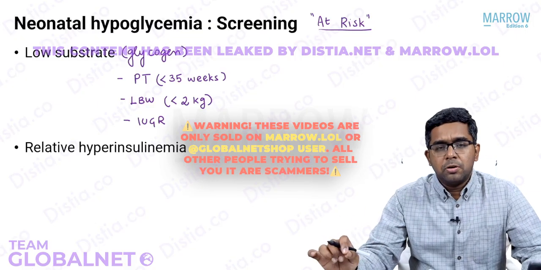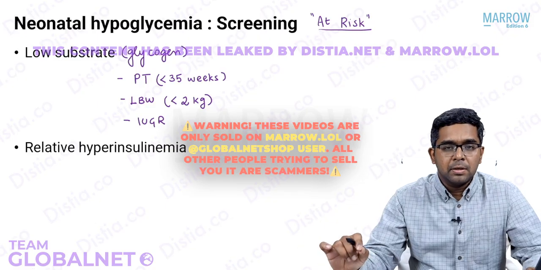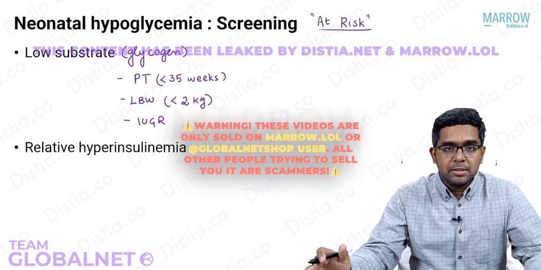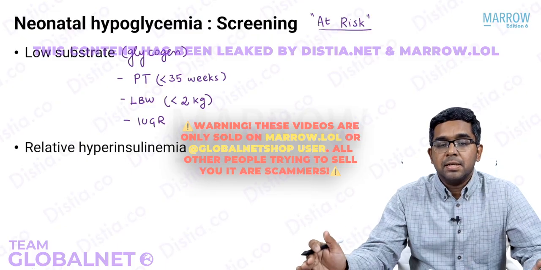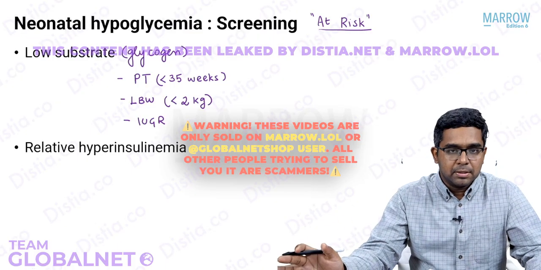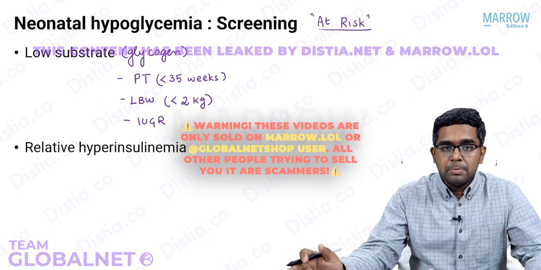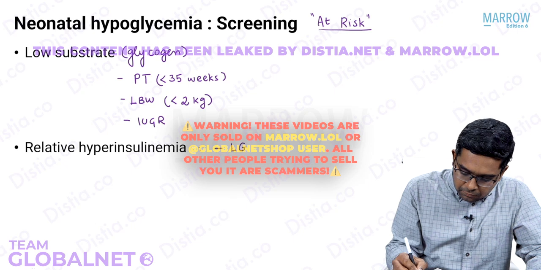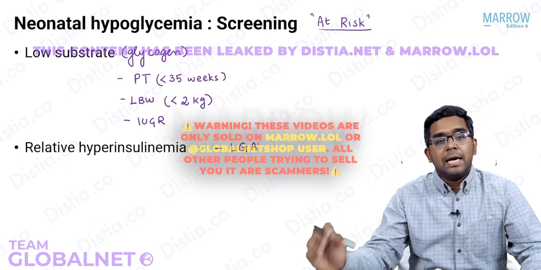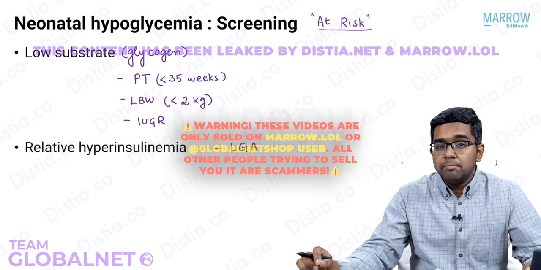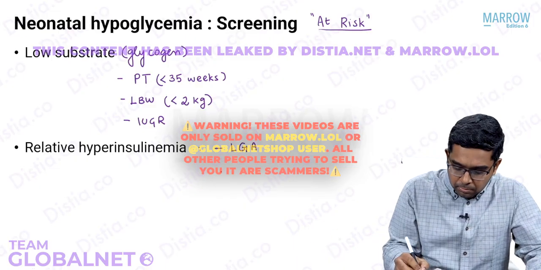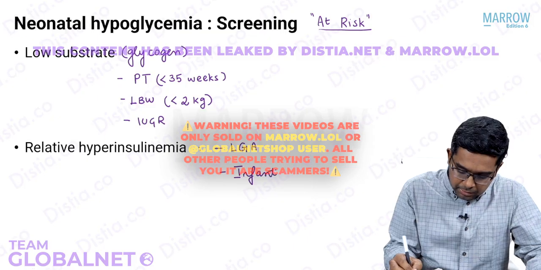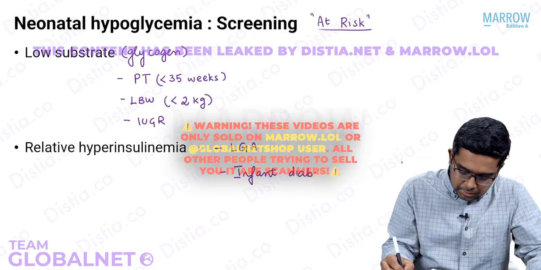The second group is a group of relative hyperinsulinemia. Why? Because hyperinsulinemia can lead to hypoglycemia, since the action of insulin itself is to decrease the glucose levels in the body. This group of babies includes big babies, or large for gestational age, LGA babies. Another important group, which is a commonly asked exam question, is a baby born to a diabetic mother, infant of diabetic mother.